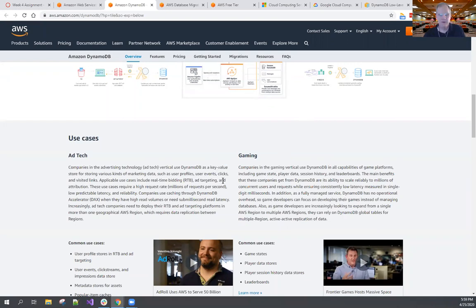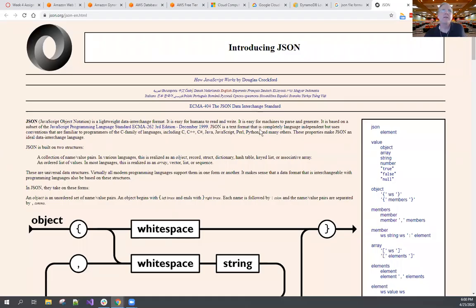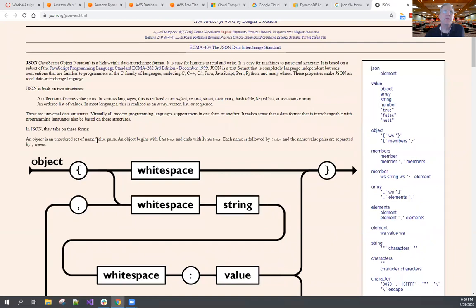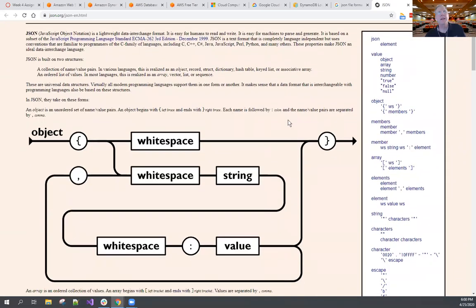Let me show you an example JSON file format. JSON is a textual way of putting data. You can put objects in it. This is like, instead of a relational database, if you had to export a relational database to, for example, a CSV file.